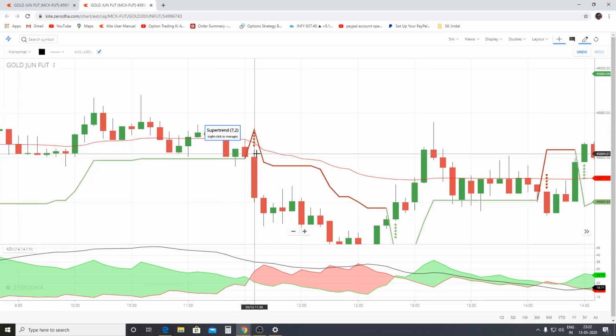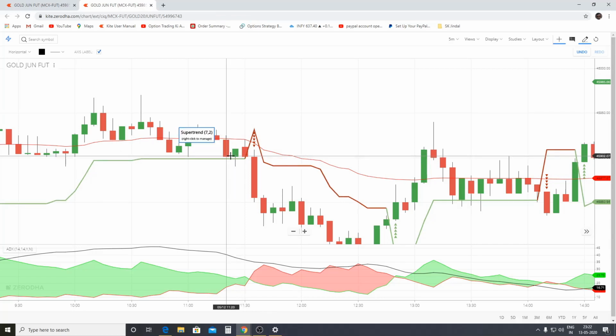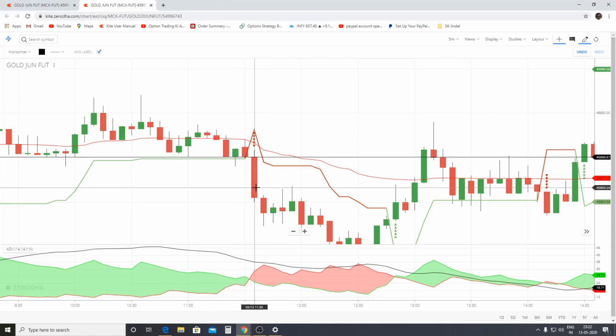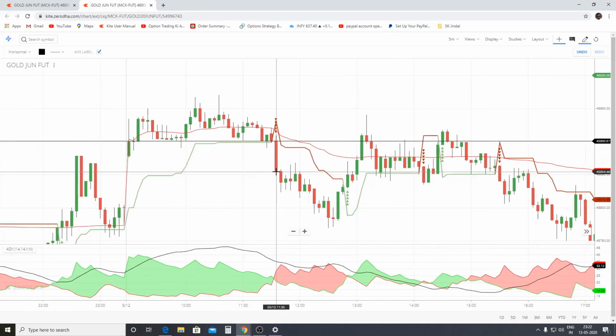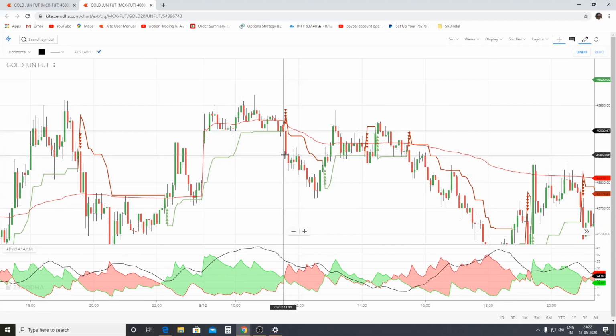I waited for a candle to give a close below this candle at 11:20. So this red candle gave a solid close at 11:20. So I would consider taking a trade going short on the immediate next candle.